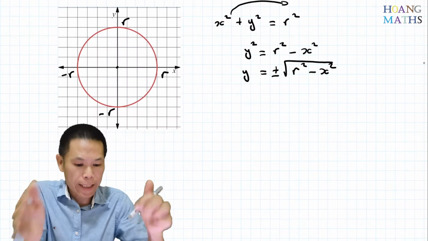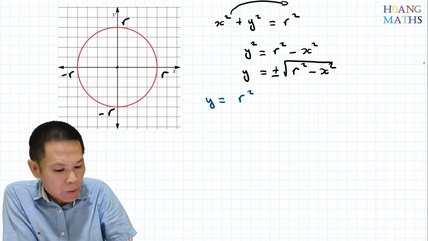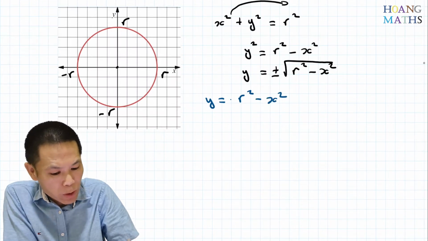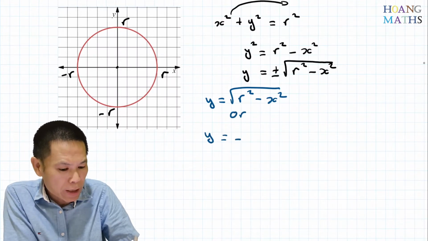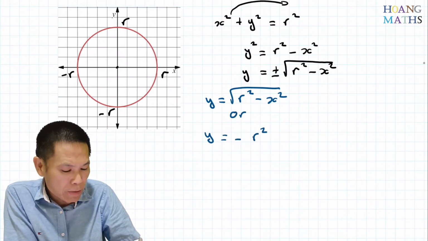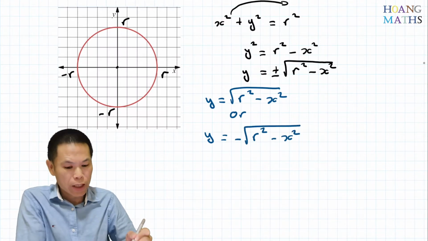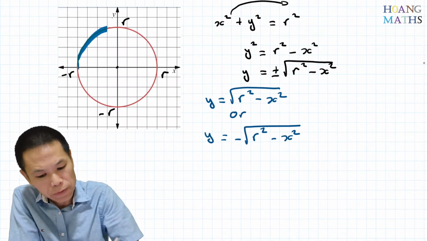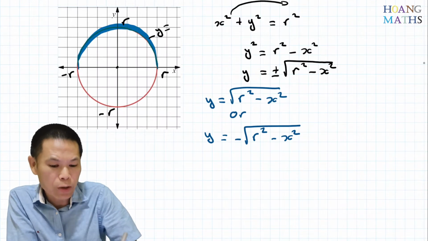This means that y is equal to plus or minus the square root of r squared minus x squared. This one here is the positive, so y is equal to the square root of r squared minus x squared.